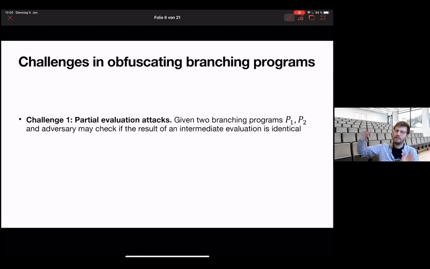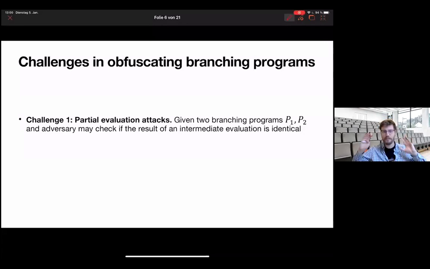So when we want to obfuscate branching programs, we have to design a mechanism which hides all partial function results, or all intermediate evaluation results that are not yet the final results.